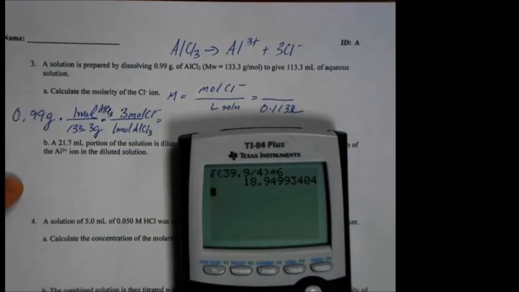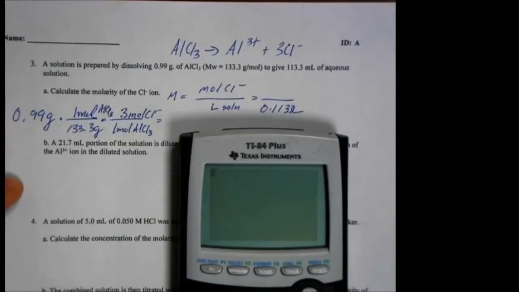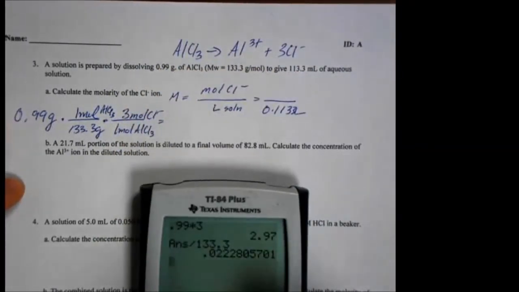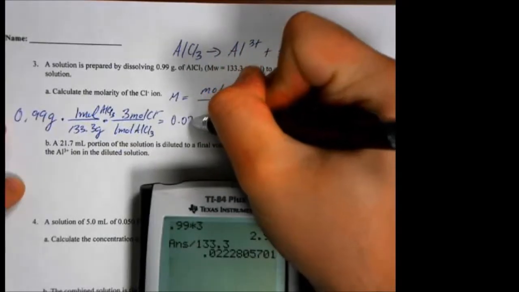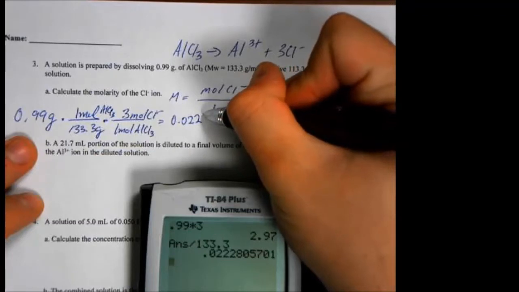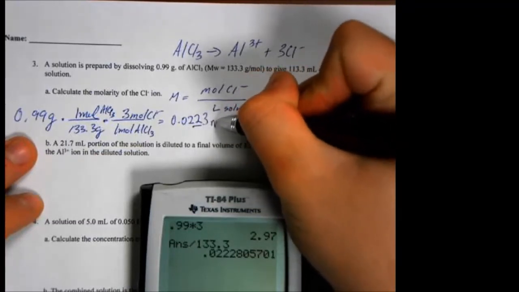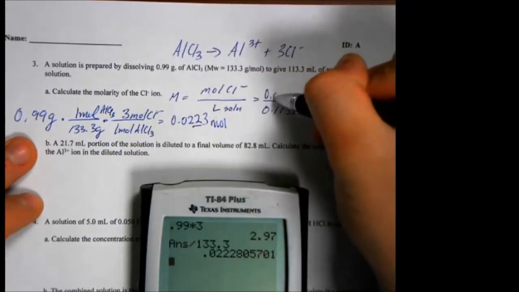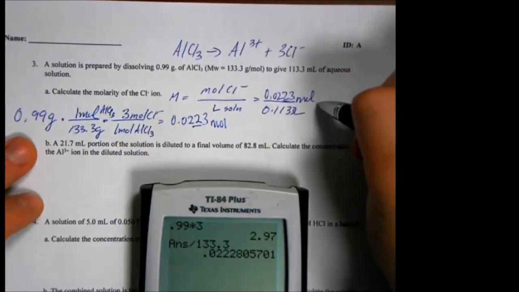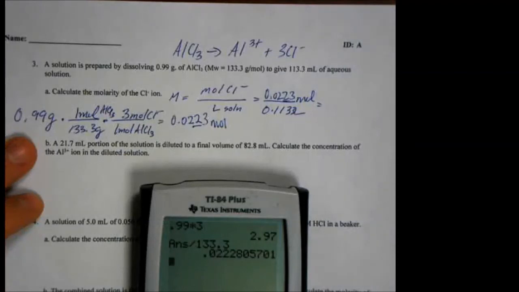So if we plug this into our calculators, 0.99 times 3, and then we divide by 133.3. That's going to give 0.0223 moles. So we plug in 0.0223 moles up here, making sure that we keep track of our sig figs.